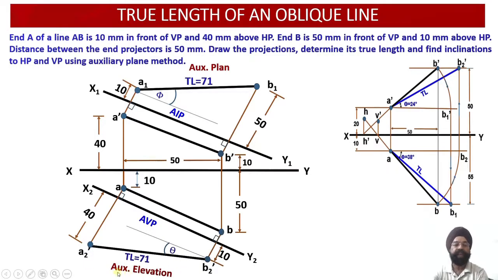The view obtained on the AIP will be called auxiliary plan. So this is the first case regarding evaluation of the true length of an oblique line when both ends A and B are lying in the first quadrant.